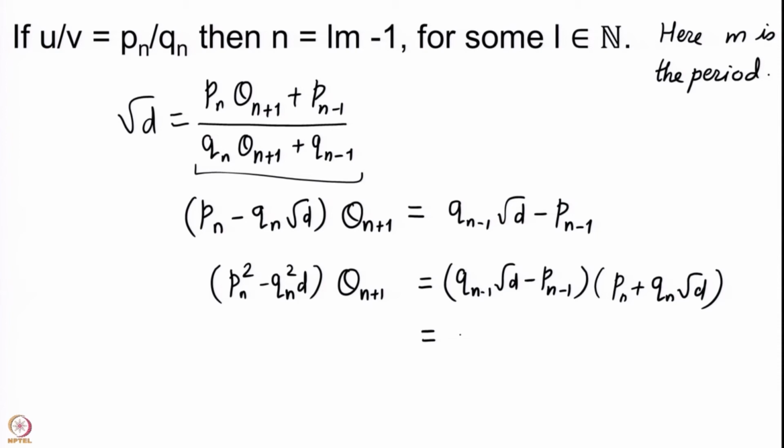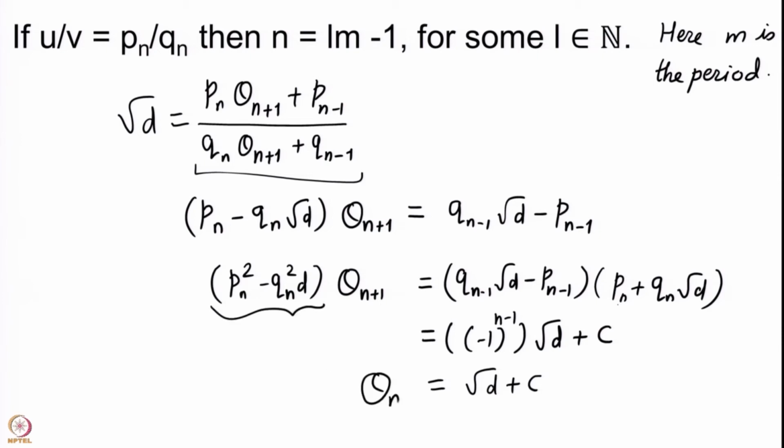Which is again of the form some integer into root d plus another integer, but the integer that we get here is Pn Qn minus 1 minus Pn minus 1 Qn. So, this is minus 1 to the power n minus 1. We have already seen that n is odd. So, we get that this is root d plus c. Moreover, this is equal to 1. So, we get that this is theta n plus 1.